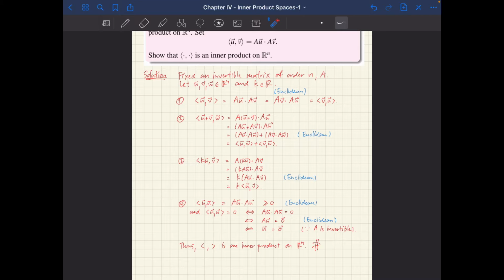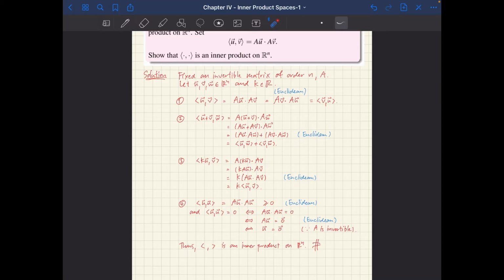For the other part, we need to prove that if the inner product of u with u is equal to 0, then u is 0. From this, we know that Au dot Au is equal to 0, and because the dot product is an inner product, we can conclude that A multiplied by u is the zero vector. And because A is invertible, this implies that the vector u is the zero vector too.